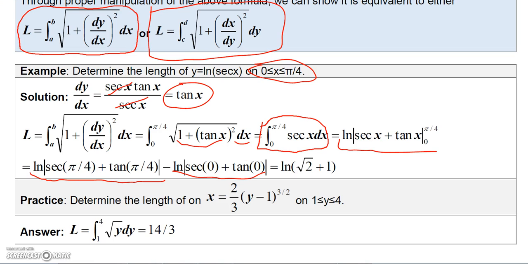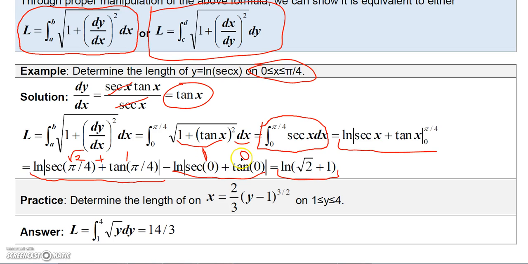Okay, so let's do this one term at a time. Secant pi over 4 is square root of 2, tangent pi over 4 is 1. So here you'd have the natural log of square root of 2 plus 1. Now you'll notice there's nothing else, so let me show you why. When you evaluate this at 0, secant of 0 is 1 and tangent of 0 is 0.